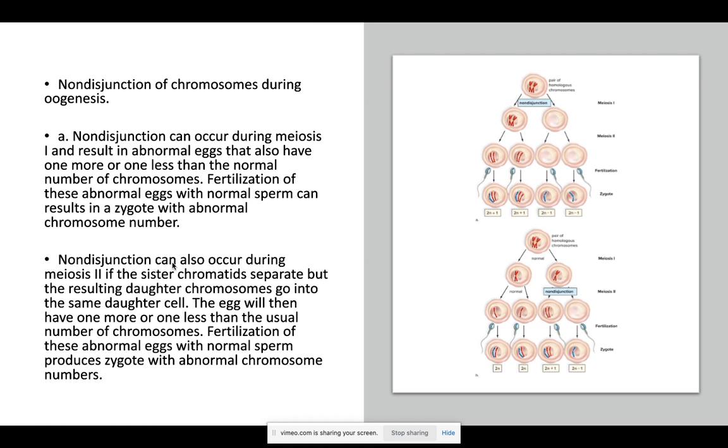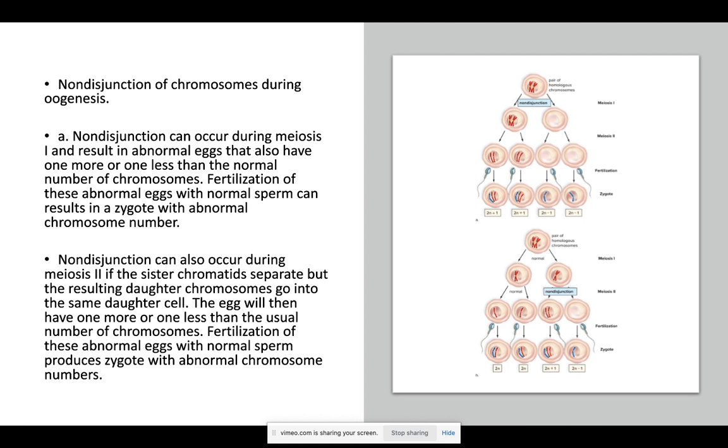Non-disjunction can also occur in meiosis 2 if the sister chromatids separate, but the resulting daughter chromosomes go into the same daughter cells. So again, fertilization of these abnormal eggs with normal sperm produces a zygote with abnormal chromosome numbers. Essentially, this text is just wanting you to know this can occur in meiosis 1 or meiosis 2.